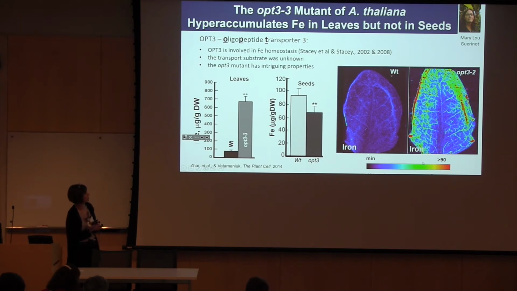What you're looking at here is the iron distribution in the wild type, and it's evenly distributed, but with main localization in the vasculature. But when you look at the leaf of the OPT3 mutant, you can see that iron is highlighted in the minor veins. So it's trapped there. It already led us to the idea that iron just cannot be remobilized. That's why it's so high in leaves and so low in seeds.